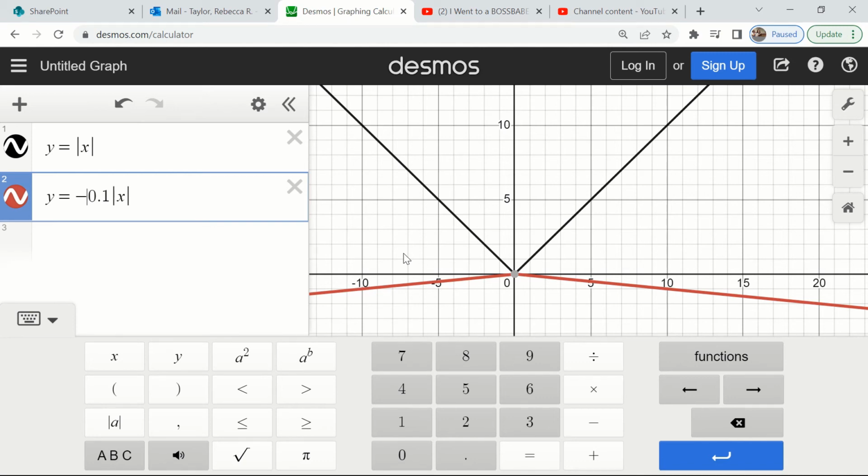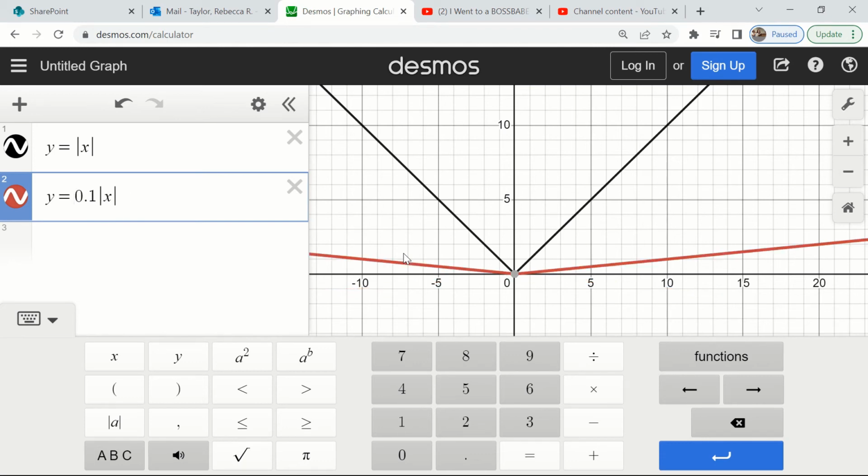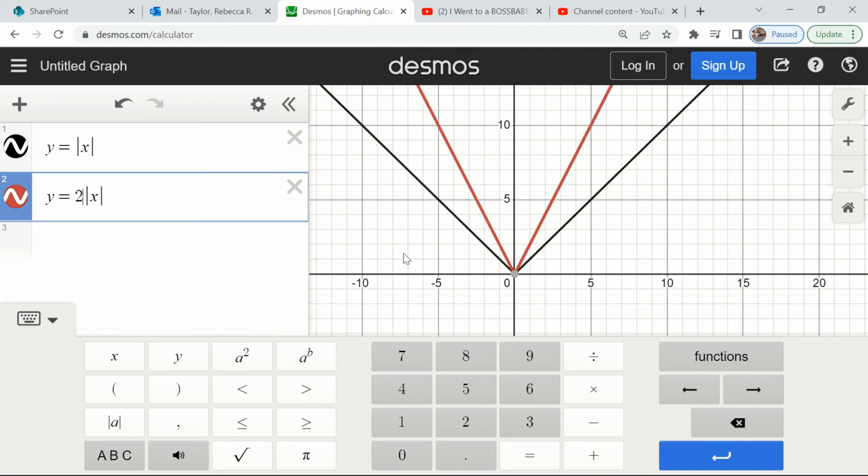The negative is a different transformation. The negative controls whether or not it's reflected over the x-axis. Let's put the 2 back in there. We know that the 2 controls a vertical stretch. If I make that 2 negative, I have now reflected it over the x-axis.